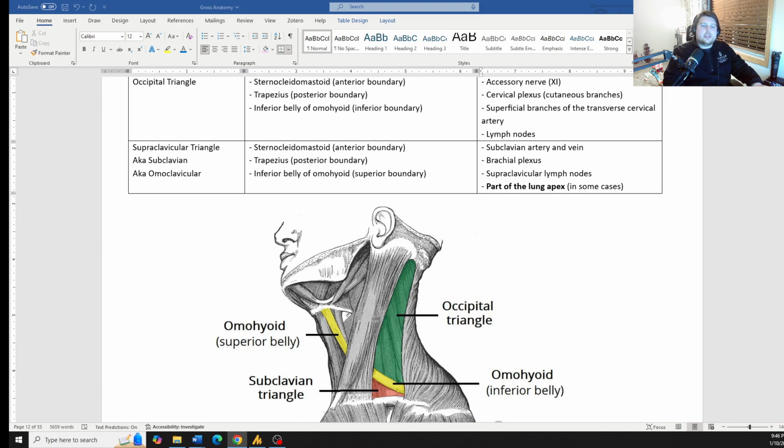Yeah, good. You get the smaller pupil, miosis. I was correct. It's always better to be safe than sorry. You get ptosis, you get miosis, and you get anhidrosis.